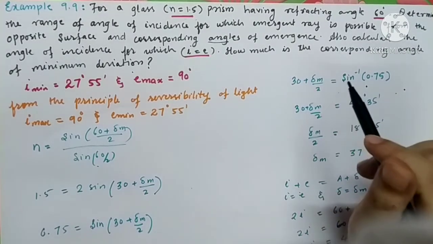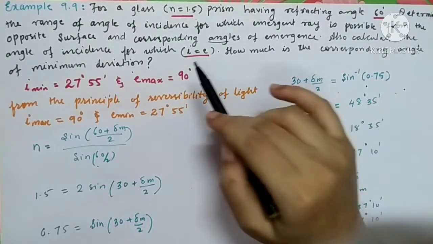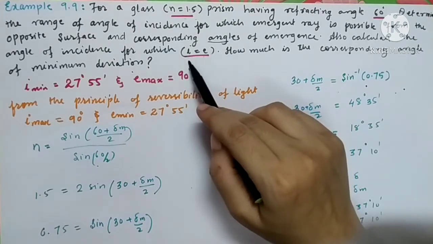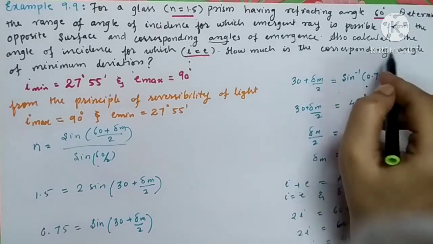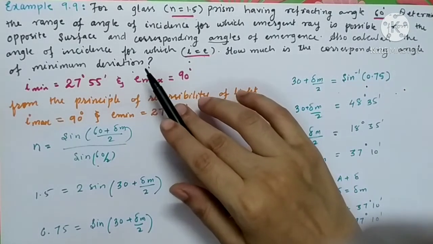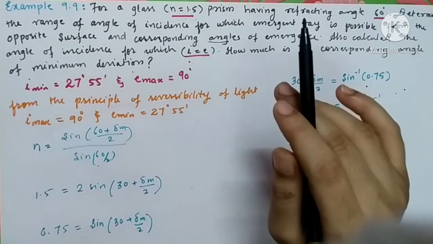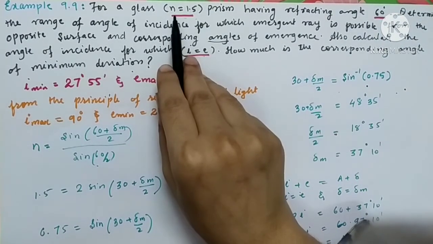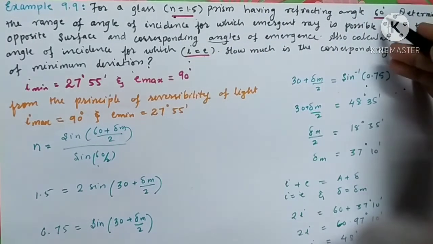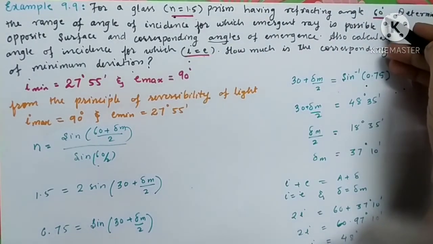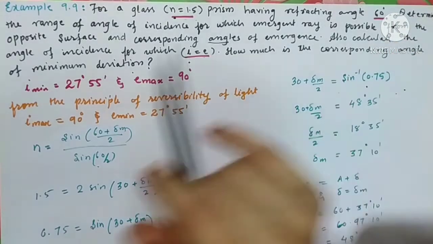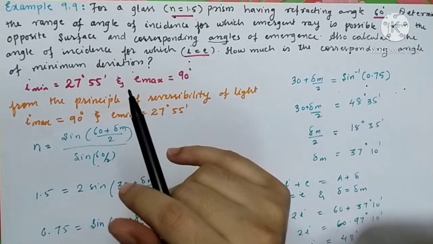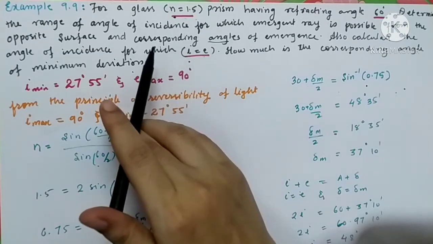Second thing, you'll have to calculate the angle of incidence for which I is equal to E. And after that, you'll have to determine the corresponding angle of minimum deviation, means delta M. So provided things are very few. Here we are having N is 1.5, refractive index as 1.5 and angle of prism is 60 degree.